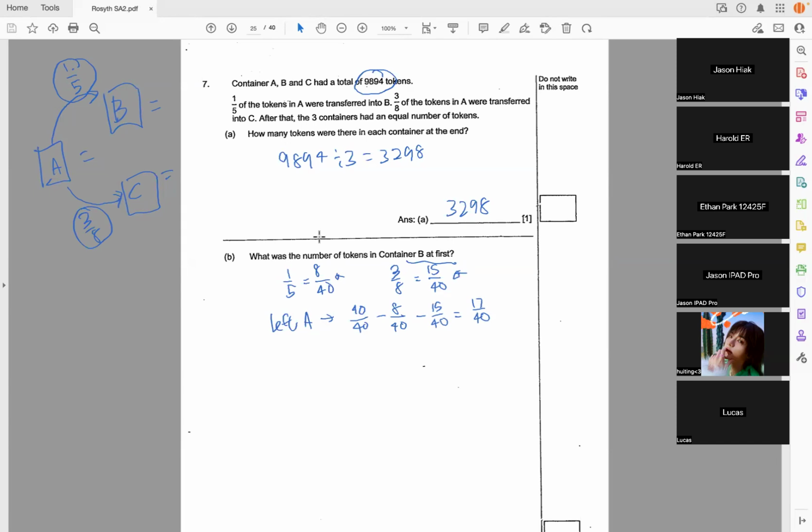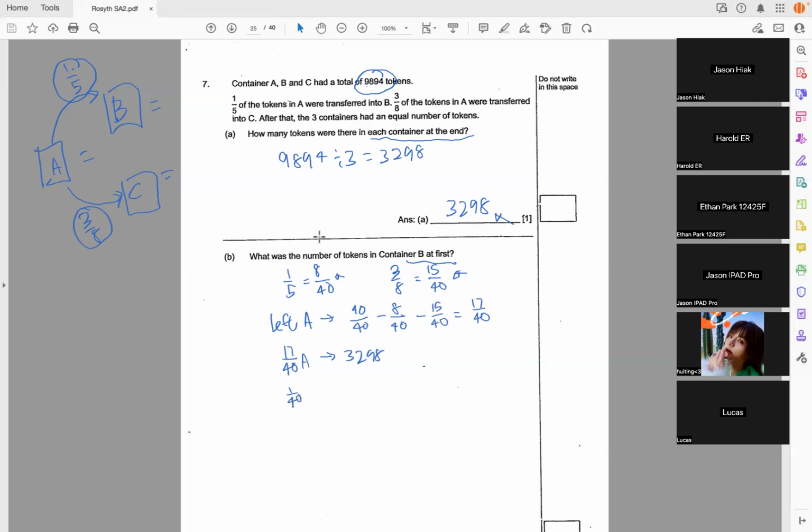So 17 over 40 of A is left, and that is equal to this 3298. Okay, 3298 is what each container have in the end, right? So 17 over 40 of A is what A is left in the end. So that has to be equal to 3298.